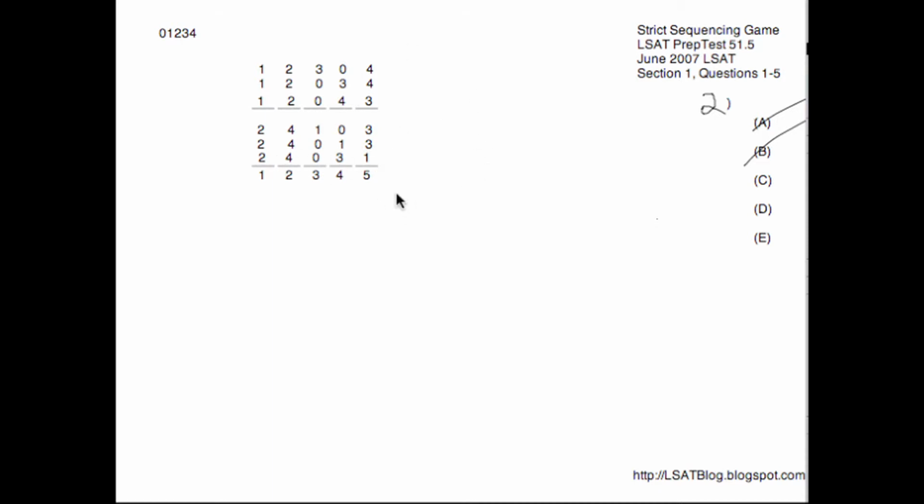Happens across all 6 of these, and as we know, these 6 comprise all of the possibilities for the game, so C is a must and is our answer to number 2.